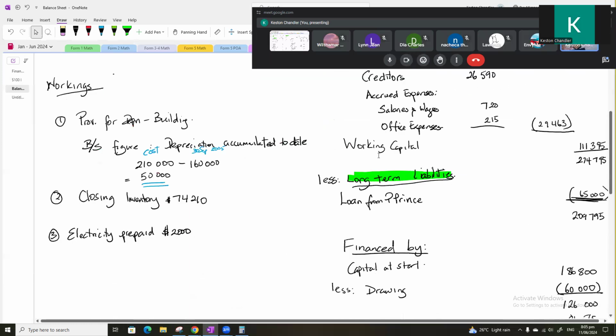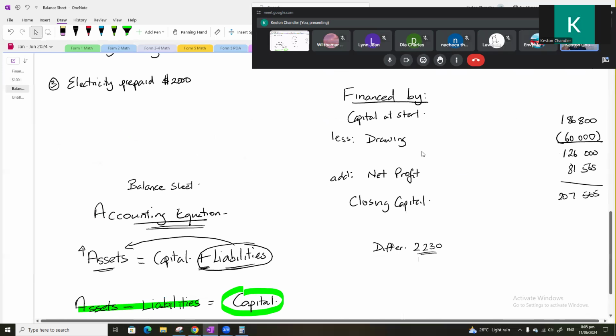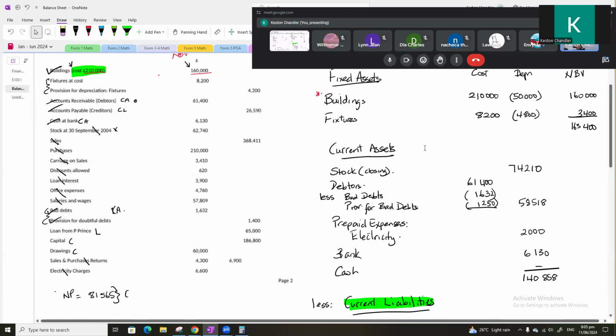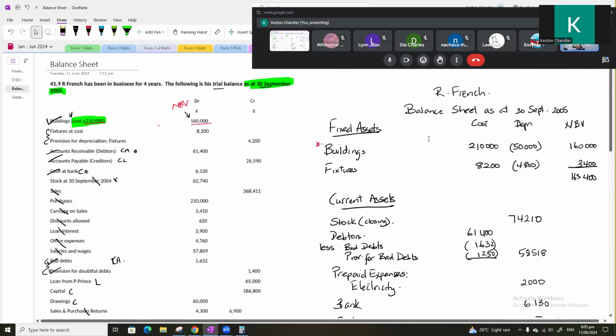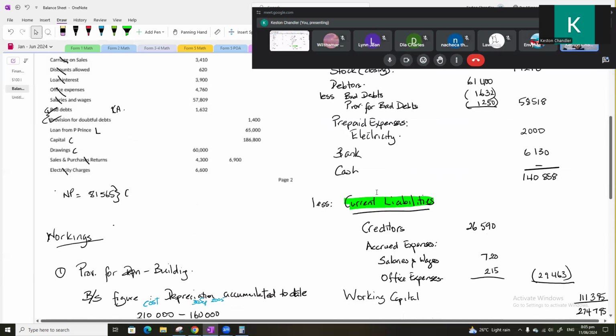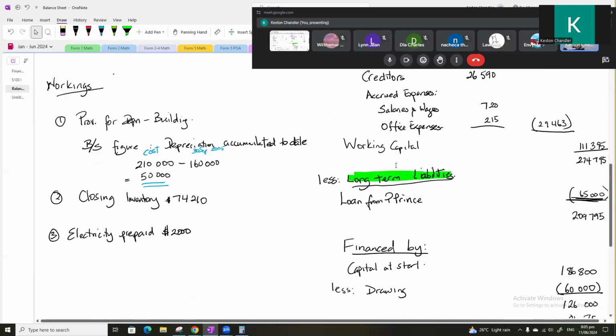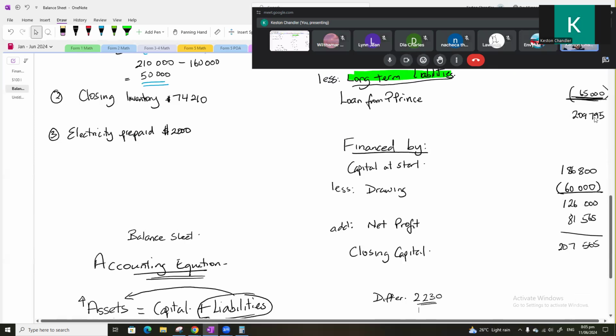But ideally, this is what your format for your balance sheet is going to look like. Fixed assets, current liabilities, working capital, right? That added to my total fixed assets. Subtract our long-term liabilities. That gives us the balancing figure for our top half of the balance sheet.